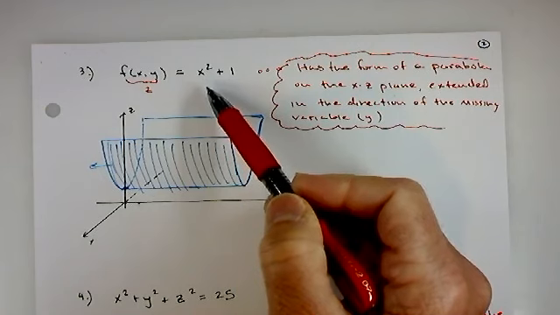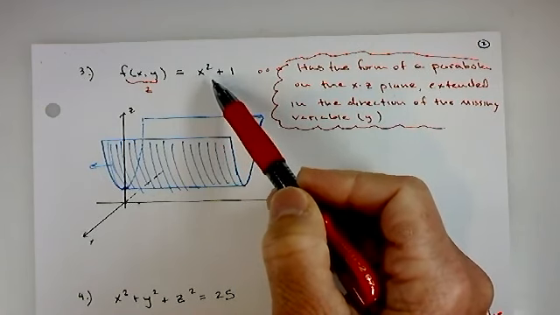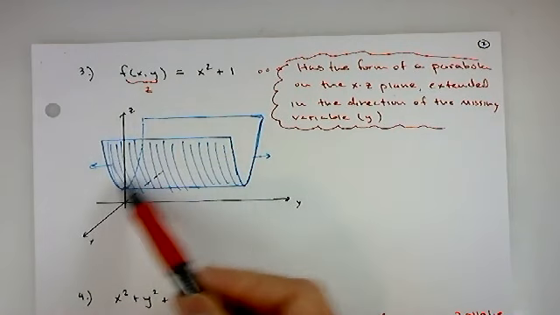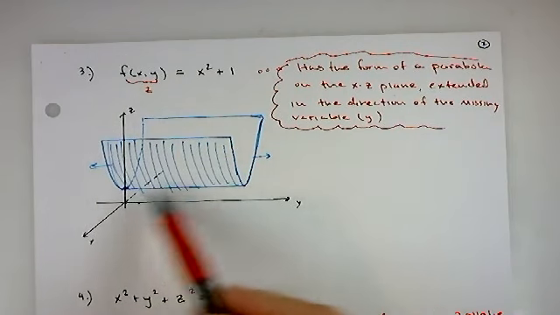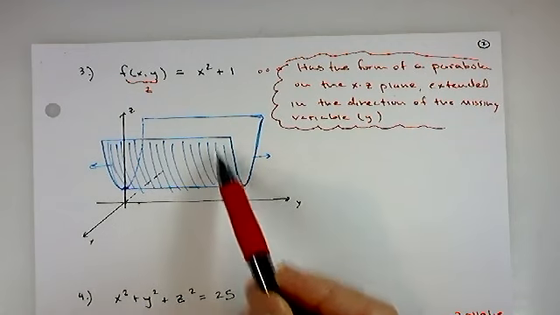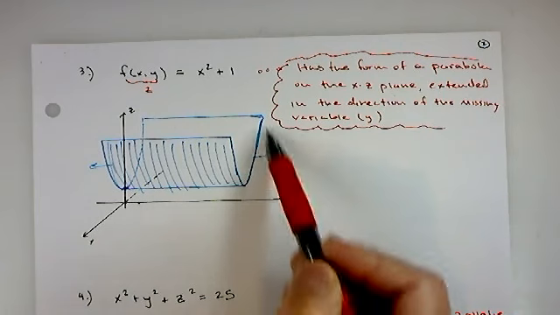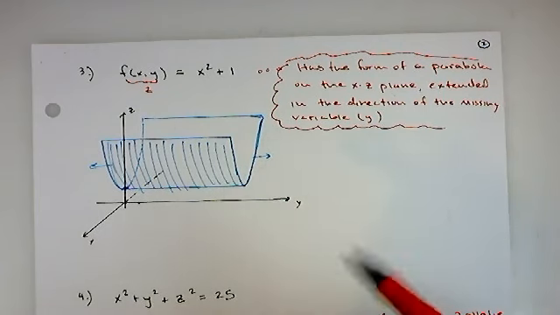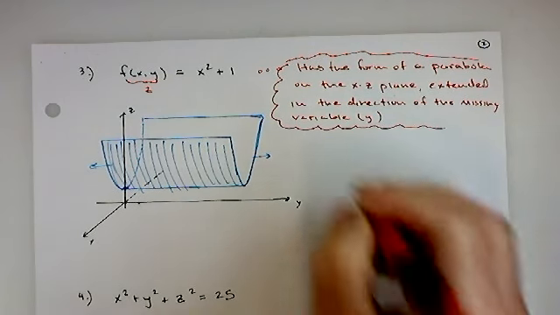And similar to the cylinder that we did before, y is missing this time. So we're going to take this parabola and extend it in the y direction indefinitely. And it kind of looks like a sheet of paper folded. But that would also be identified as a cylinder.